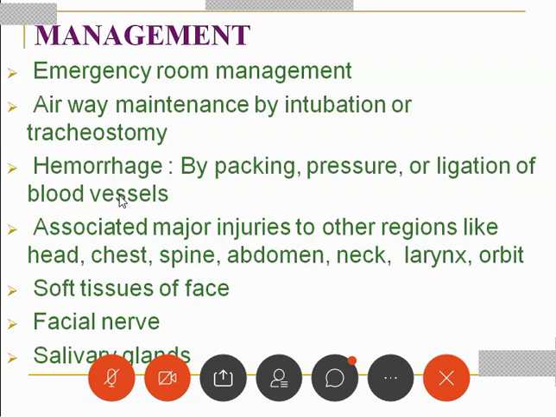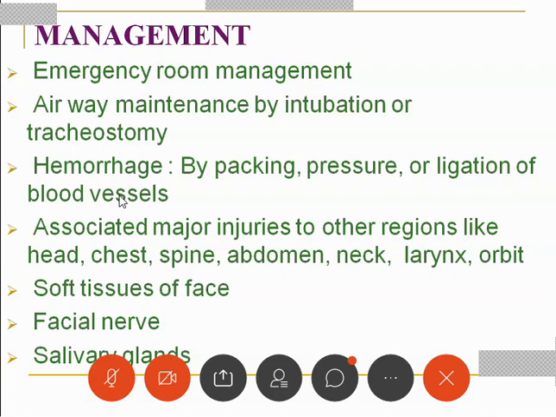So associated major injuries to other regions like head, chest, spine, abdomen, neck, and larynx, or soft tissues of the face should be examined. Facial nerve, salivary glands. Temporal bone fracture and other fractures of the temporal bone might lead to injuries of the facial nerve and salivary glands.